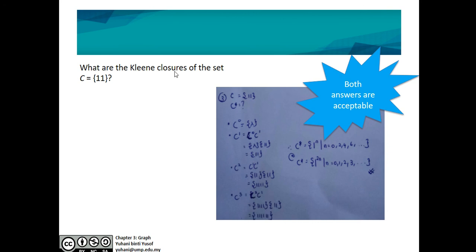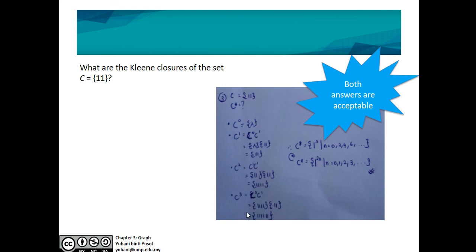The third one: what is the Kleene closure of the set C, which consists of 11? Again, we do the same thing as in examples 1 and 2. You see that C1 is C0 concatenated with C, so you combine the empty set with 11, and you get 11. For C2, you combine C and C, so you have 11 and 11, and you get 1111.